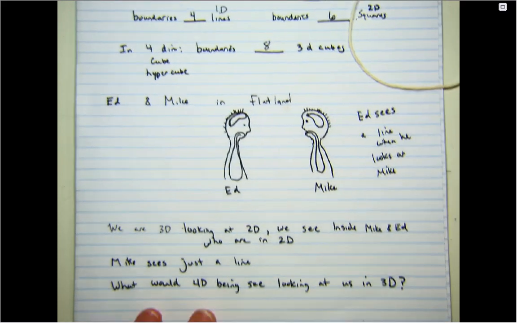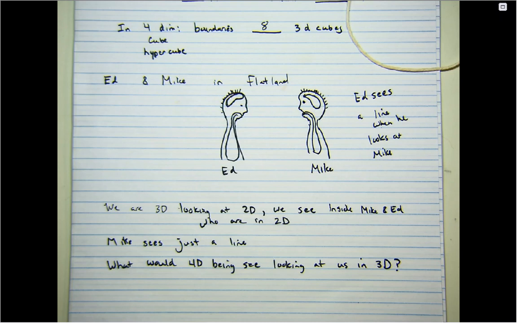Okay, so if this analogy holds, as we followed analogies from 0 dimensions to 1, 1 dimension to 2, 2 dimensions to 3, and we saw them holding. So if this analogy holds in the 4th dimension and there's a 4th dimensional person looking at us, what might they see?